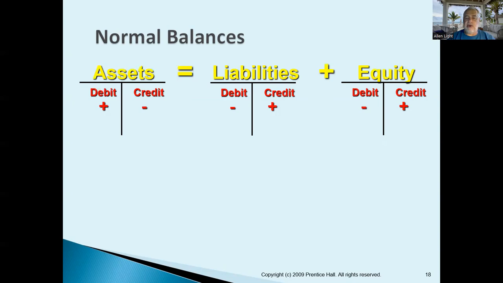So assets have a normal debit balance, and liability and equity have a normal credit balance. You can't have a minus on the asset side, because that would mean that the asset is gone. The most you can have on an asset is a 0. Okay, you can't have a minus in an asset. It's gone. The asset is gone.